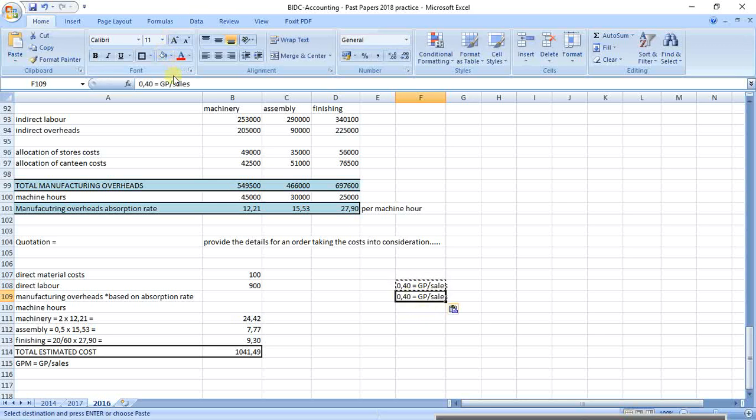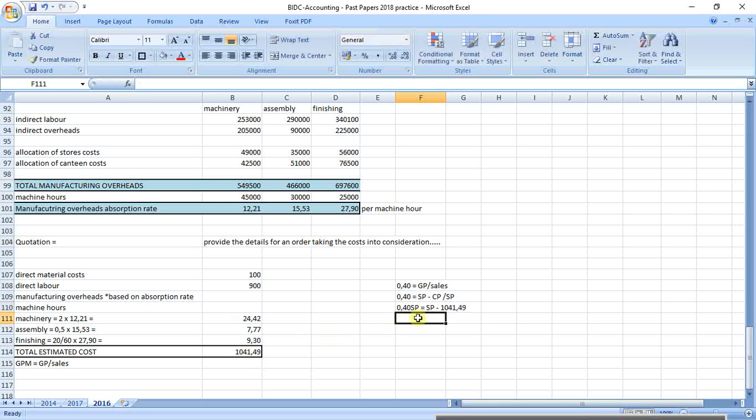No, but I know gross profit is selling price minus cost price, over selling price. So let's take the SP to that side: 0.4 SP equals SP minus cost price.